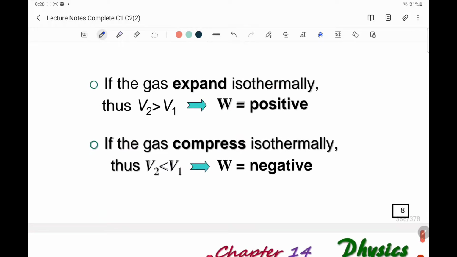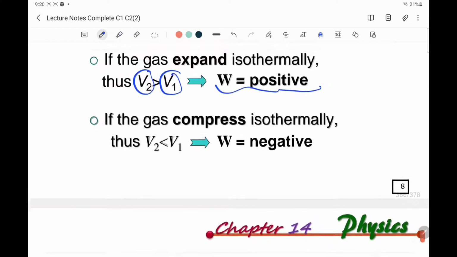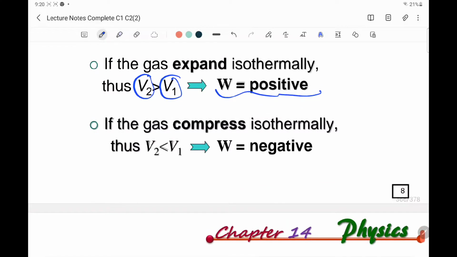If the gas expands isothermally, the final volume V2 is greater than the initial volume V1, so work done is positive. If the gas is compressed isothermally, the final volume V2 is less than the initial volume V1, so work done is negative.